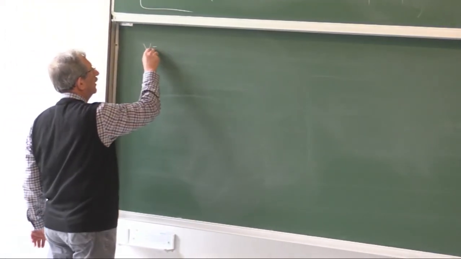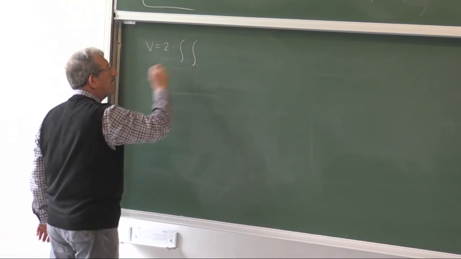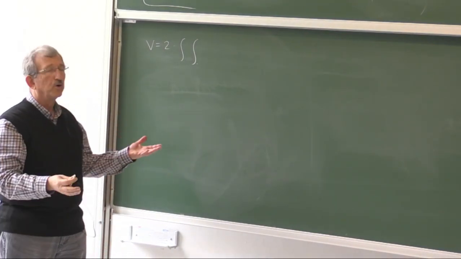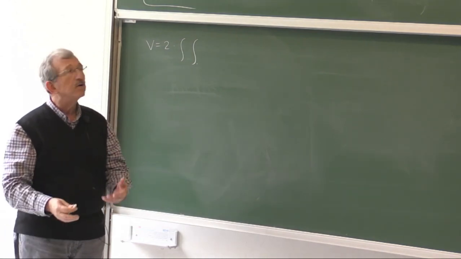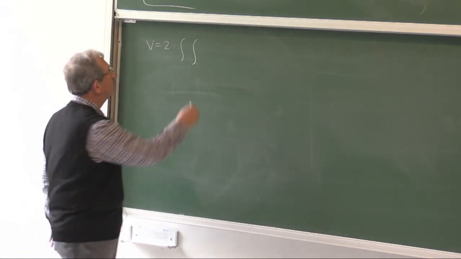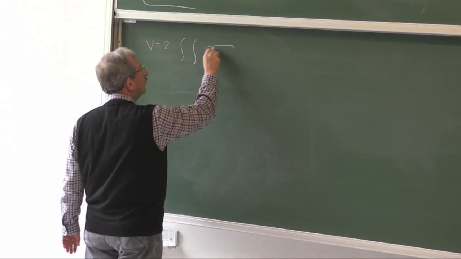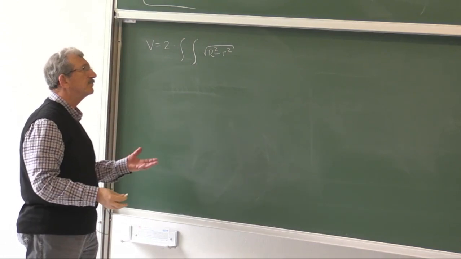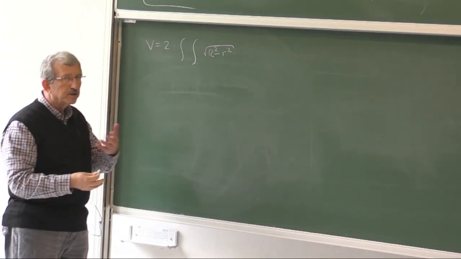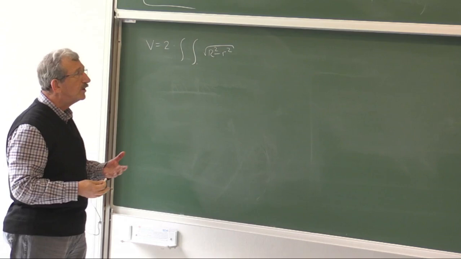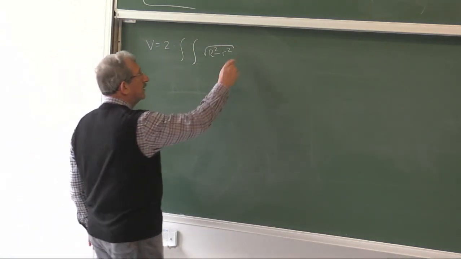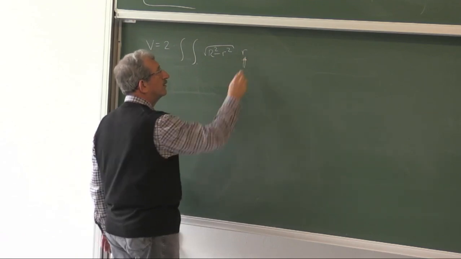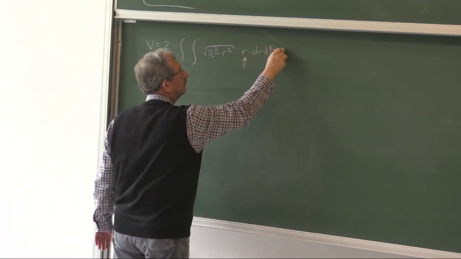So the volume would be twice an iterated integral in polars, of course, because circles go well with polar coordinates, and vice versa. So this is the square root of R squared minus r squared. It seems that we need an inverse trigonometric type of substitution, but we don't, because in polars we have this term coming, and dr d theta.